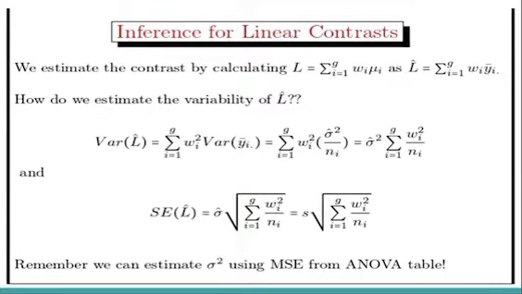You remember on Monday when I was trying to show you the ANOVA table, right? We have a mean square error, mean square within, which is the sum of squares within divided by the degrees of freedom. So you're going to get that sigma cap from the table.